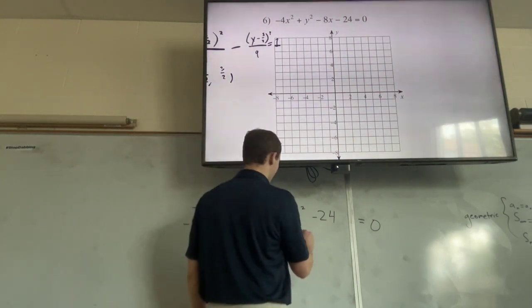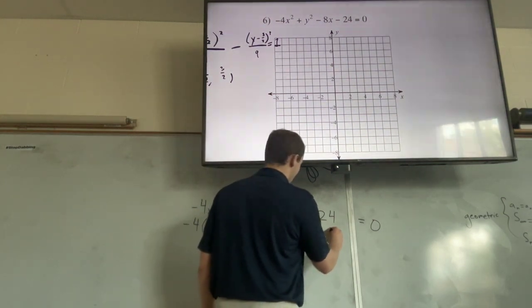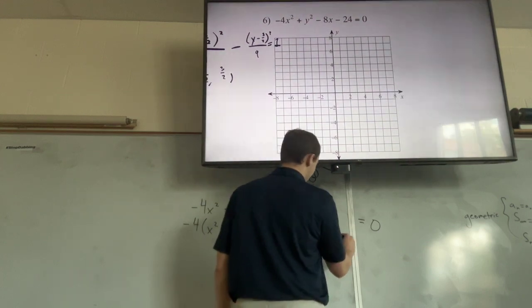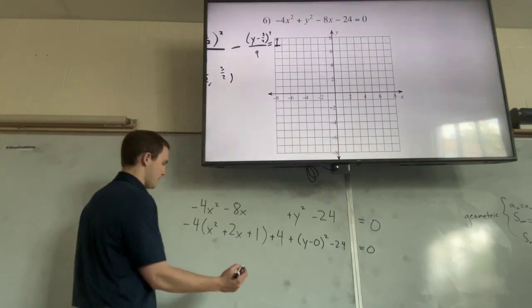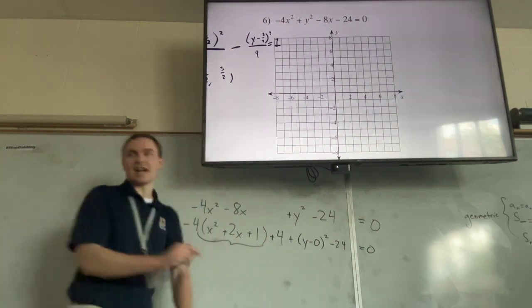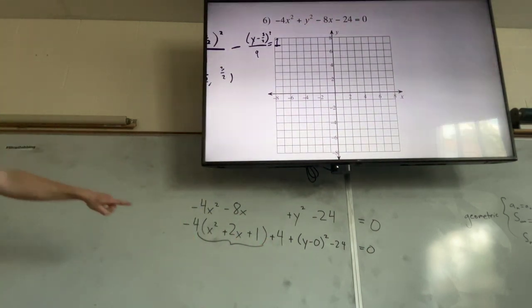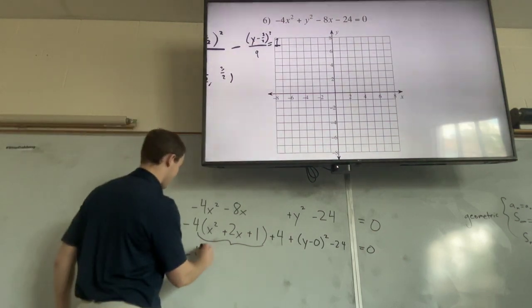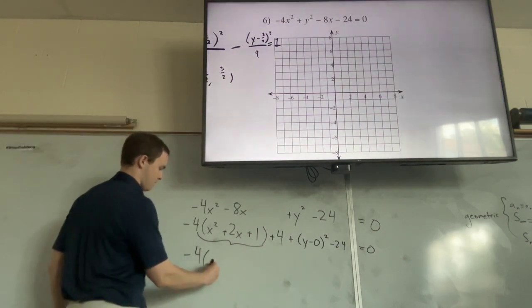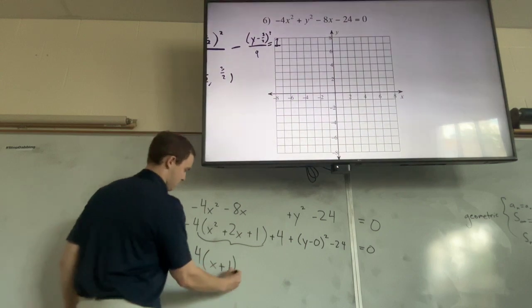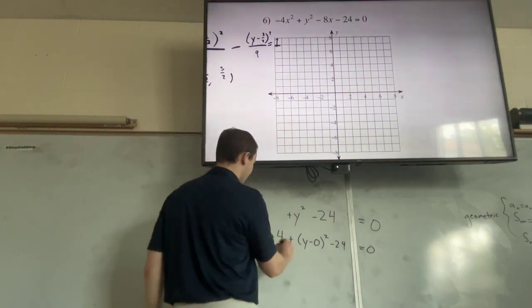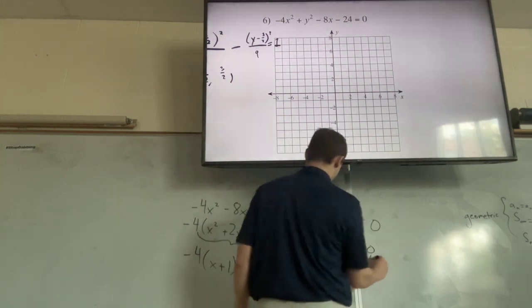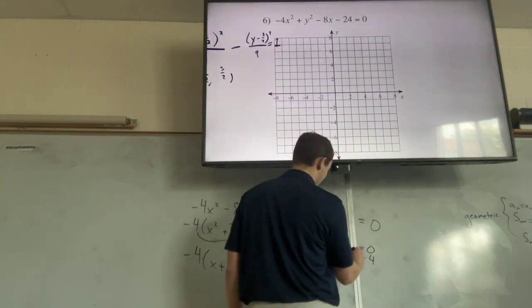Then y I rewrite as y minus 0, quantity squared. Add over this, so minus 24 equals 0. Right? What is this factored to? Subtract over the 4. Add over the 24.